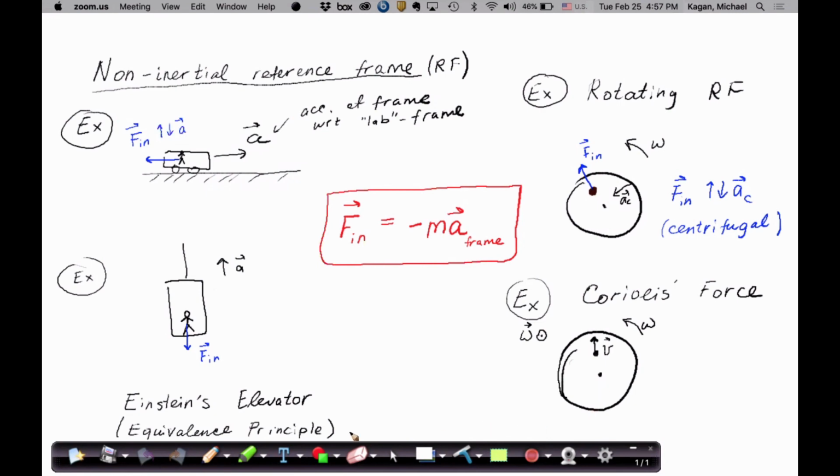Yes, of course. The direction of omega is a convention, but it's a good one. Let me stop sharing the screen for a second. I'll illustrate. Okay, what if I make a rotation like this?